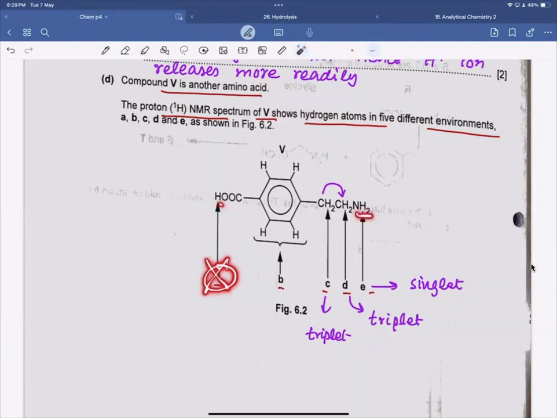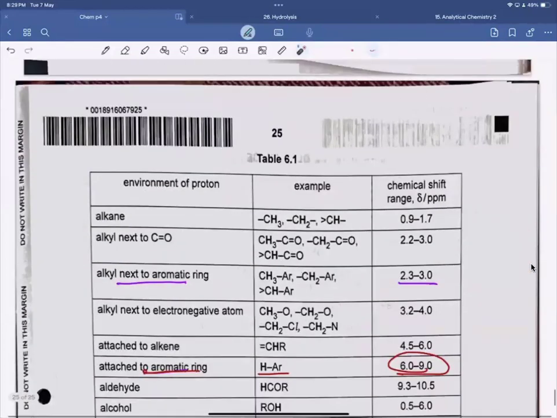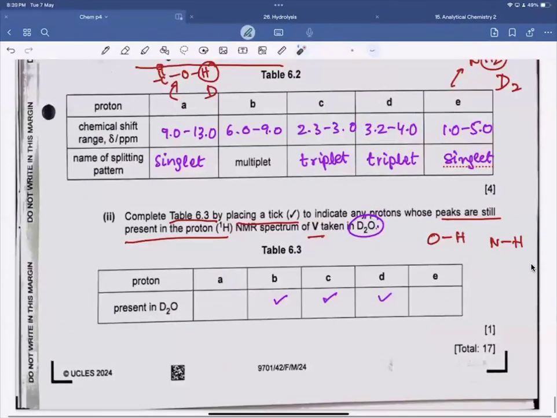Over here, these hydrogens are bonded to nitrogen, so these hydrogens are going to be displaced by deuterium, and as a result, the signal is also going to disappear. So we are left with B, C, and D. That's why I put a tick over B, C, and D. Yes, the peaks of hydrogens bonded to nitrogen and oxygen disappear, because the hydrogen is displaced by D, the other isotope.